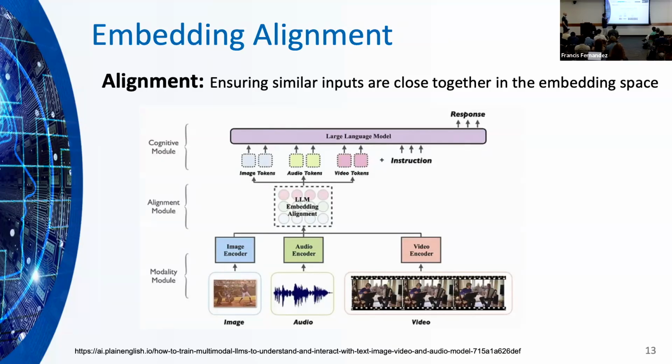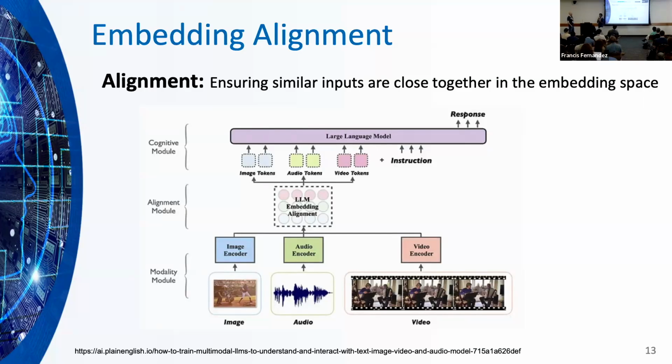Then there's a specific dedicated alignment module, which means you do, again, mathematical functions to get all of those into the same vector space. There could be a series of linear projections and transforms, if you know linear algebra. Then you get the new embedded tokens, and that just gets fed directly into the model.